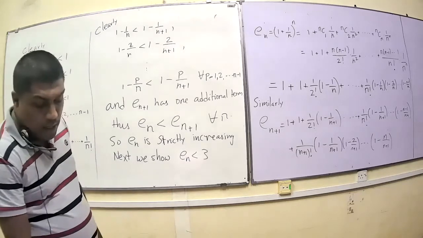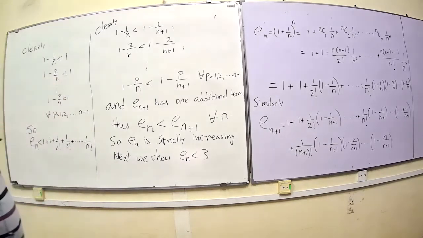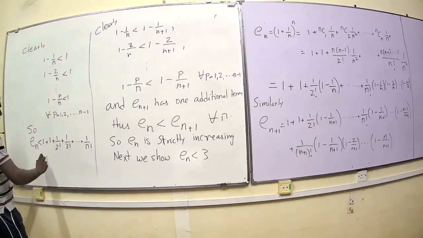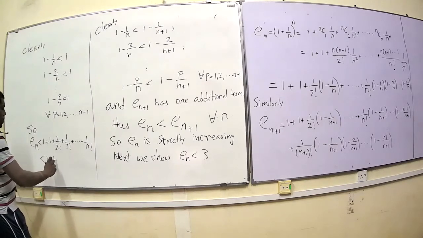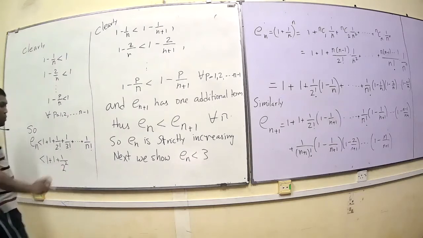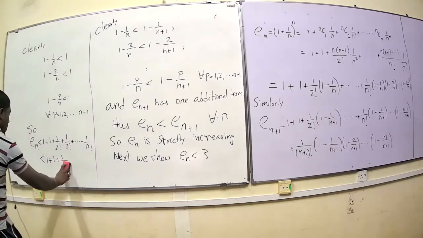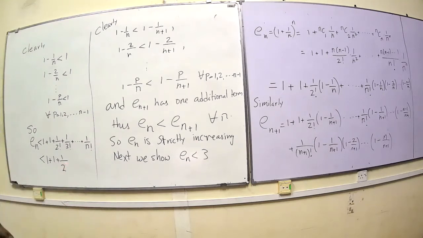But we already proved that 1 upon n factorial is less than this. And so this is less than 1 plus 1 plus 2 squared, right? Or 2, actually this is 2, right?